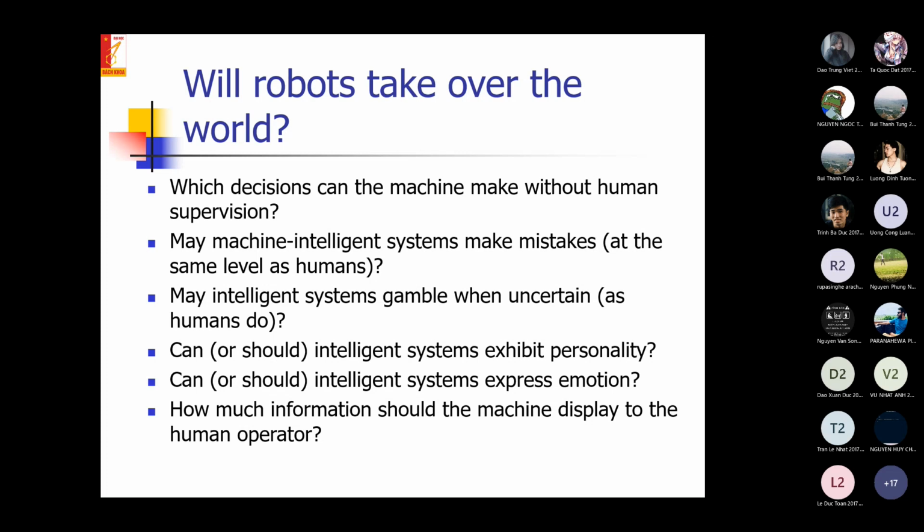And may an intelligence system gamble when uncertain? Or another question is, can an intelligence system exhibit personalities? And how much information should a machine display to the human operators?